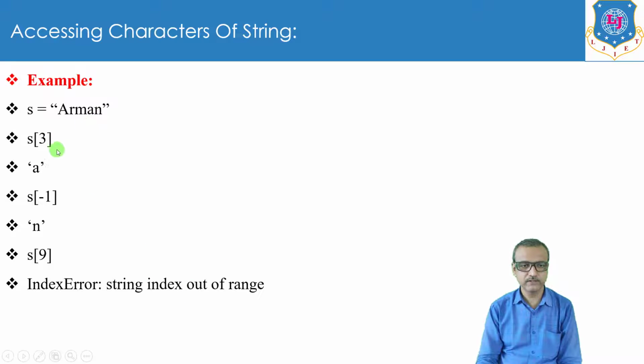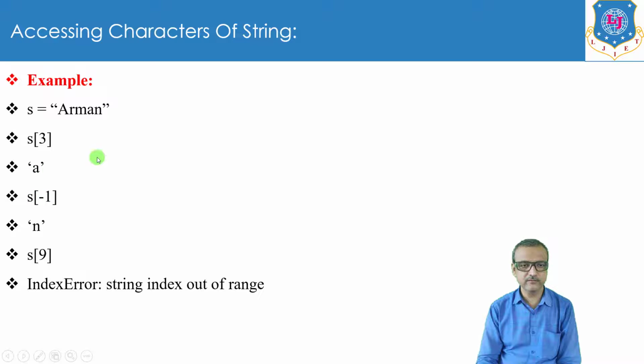If you consider the forward direction, that is from left to right, you have to count index from 0 onwards. But if you are going in backward direction, then you have to count index from -1. So S[3] will give us the output A, because this is index 0, 1, 2 and 3. So S[3] is A.